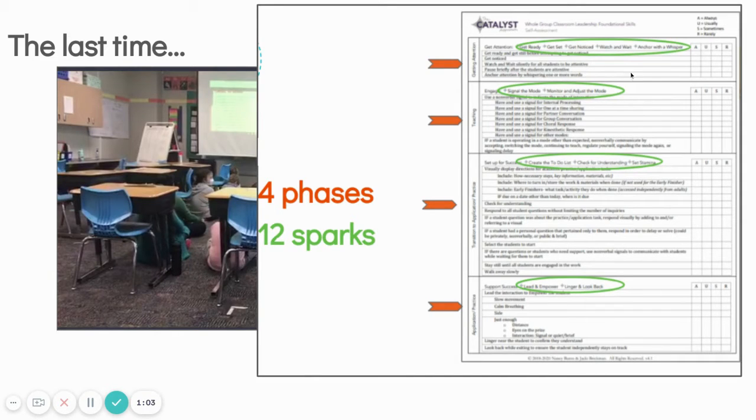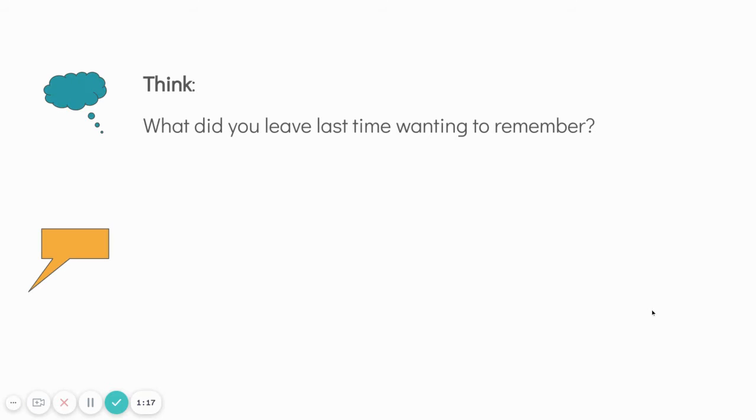Then we were able to see where those sparks are and what the sparks are in the context of those phases of the lesson.